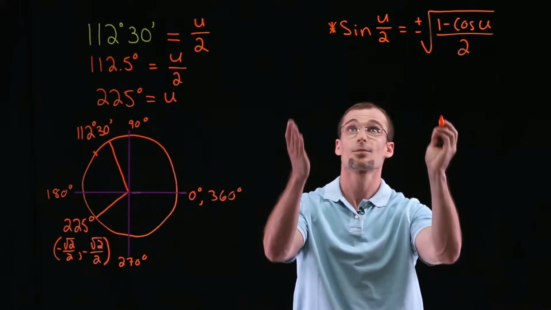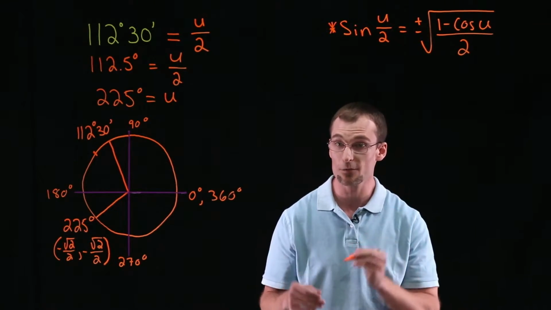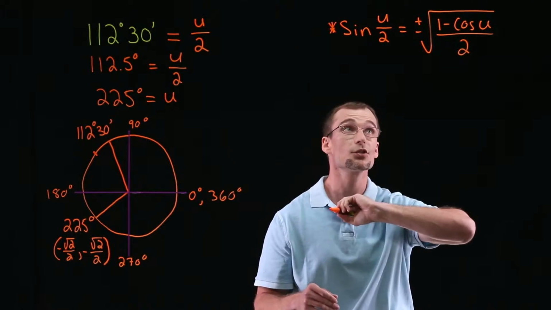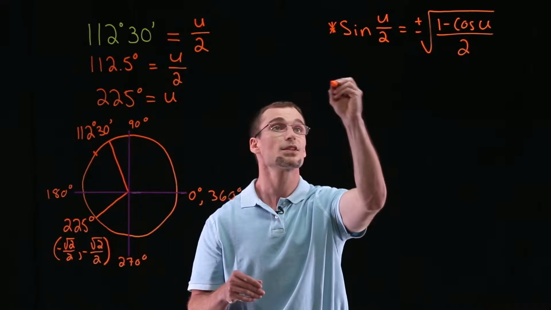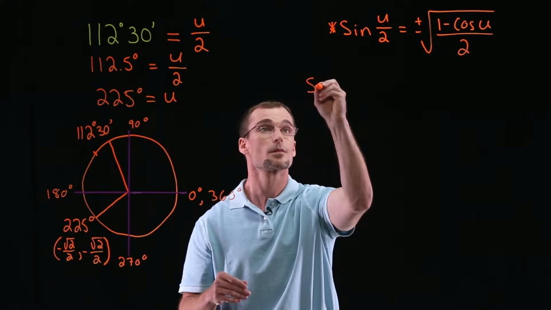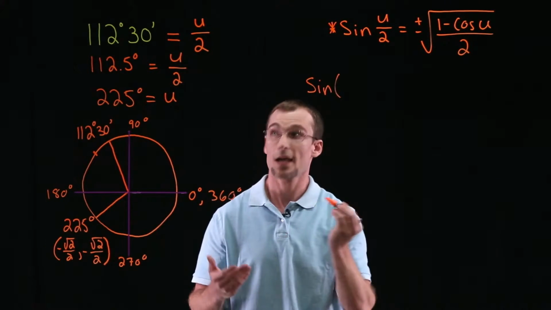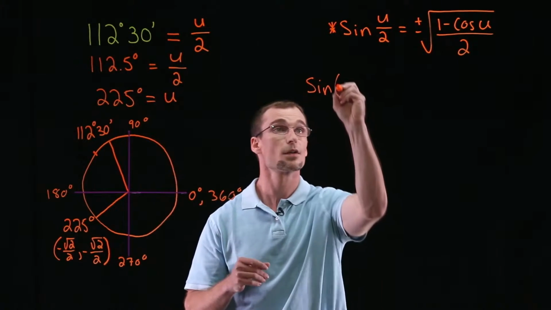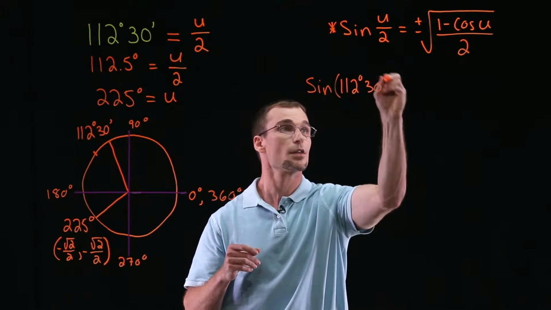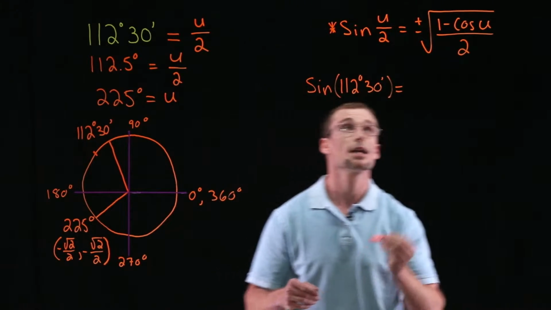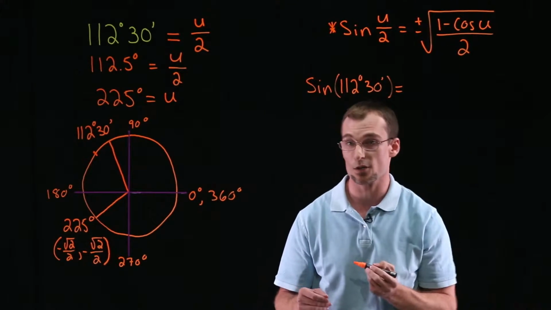So coming back over here, we have our half angle formula, sine of u over 2 is equal to plus or minus the square root of 1 minus cosine u over 2. So the sine of our half angle, 112 degrees, 30 minutes, is equal to, now notice there's a plus or a minus on our square root.